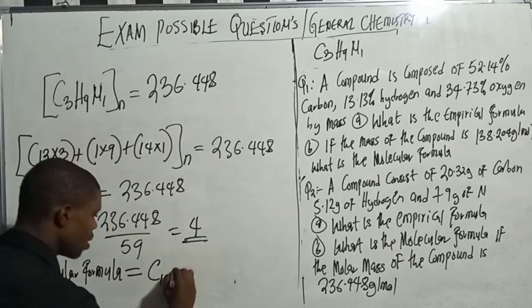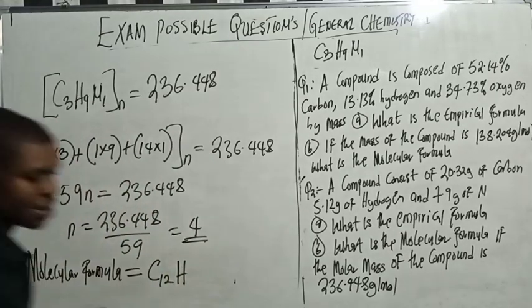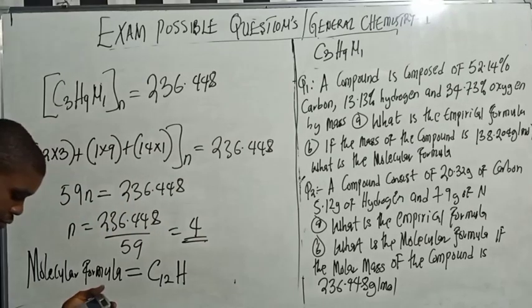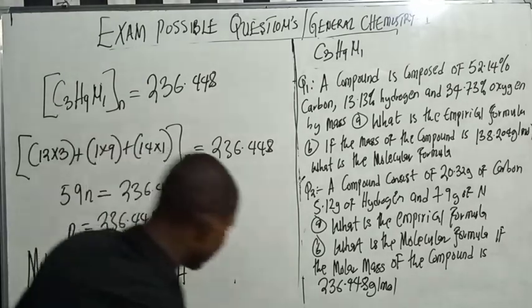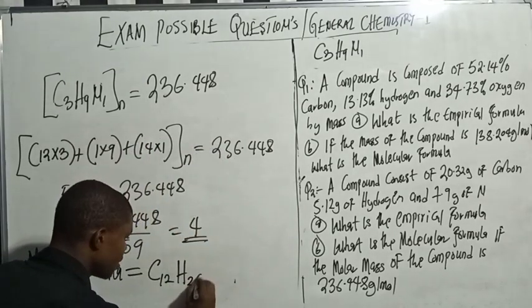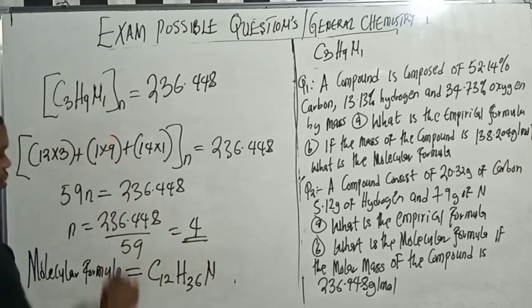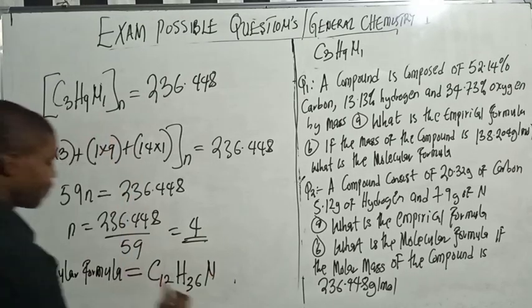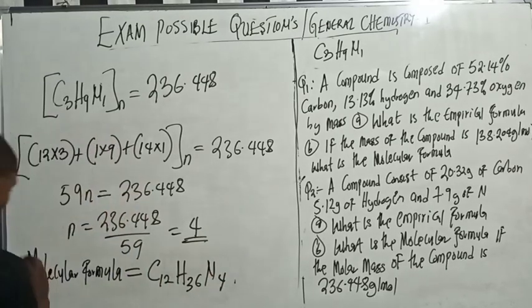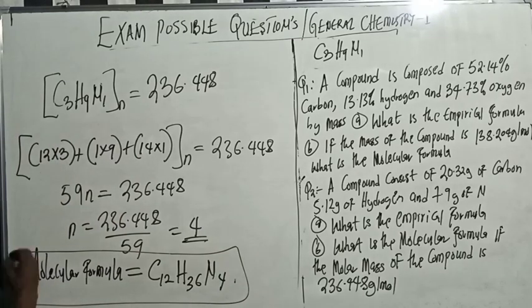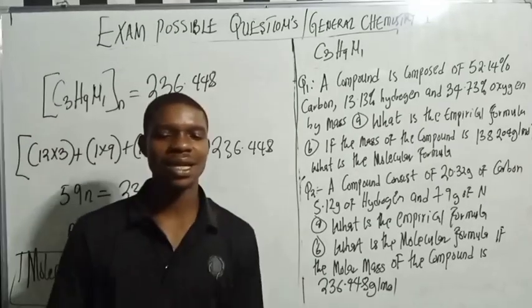Then hydrogen, 4 times 9, you have 36. Then nitrogen is 1 times 4, which is 4. So this is my molecular formula. You can see how it is.